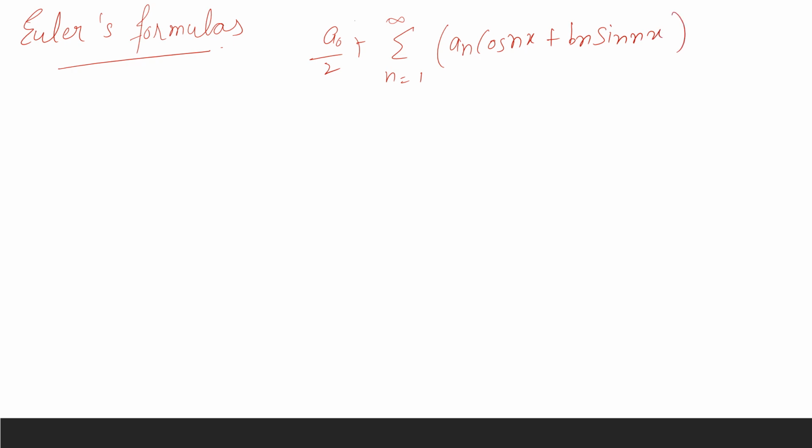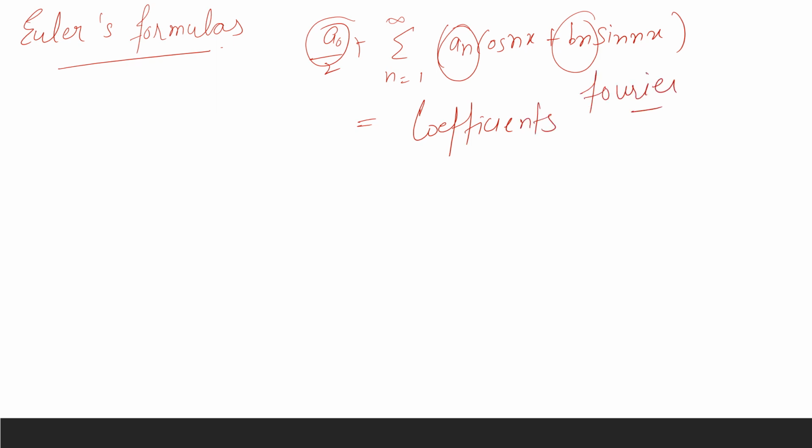Here a naught, an, bn are all called Fourier coefficients. So what are the values of a naught, an, bn? How do we find them? By Euler's formulas.